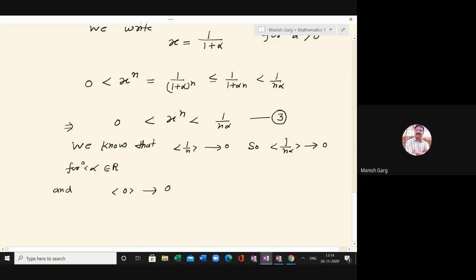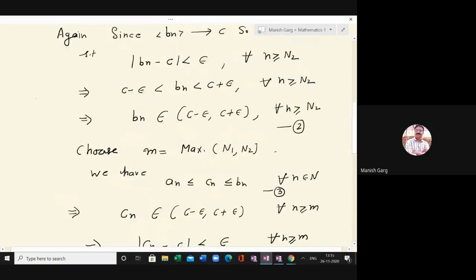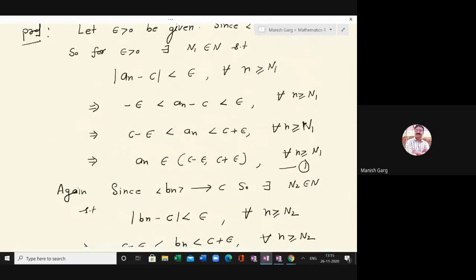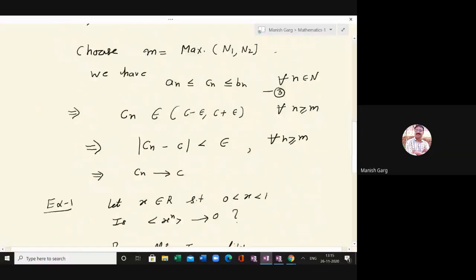Here it is strictly 0 less than, but if you see the Sandwich theorem, the condition is less than or equal to. It will be equal or less than, equal or less than, so don't get confused.